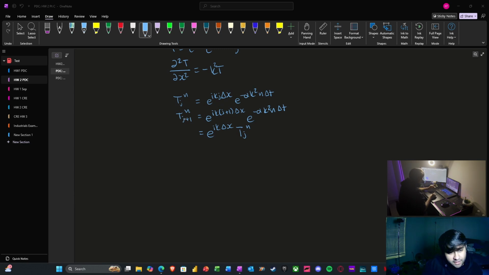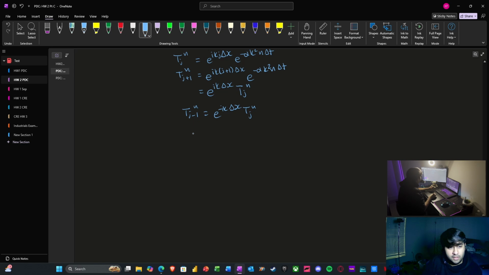And since we found Tj plus 1, we'll go ahead and do Tj minus 1 n. And it's basically the same thing, except we're going to have a negative sign in front of our i, and we'll have Tj.